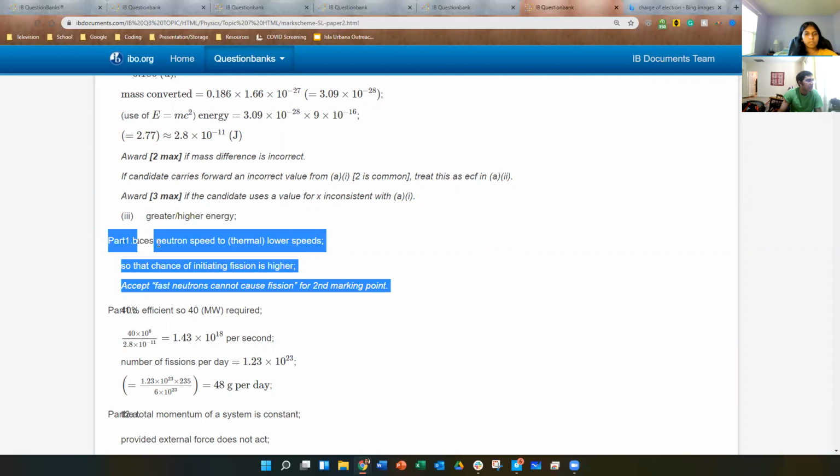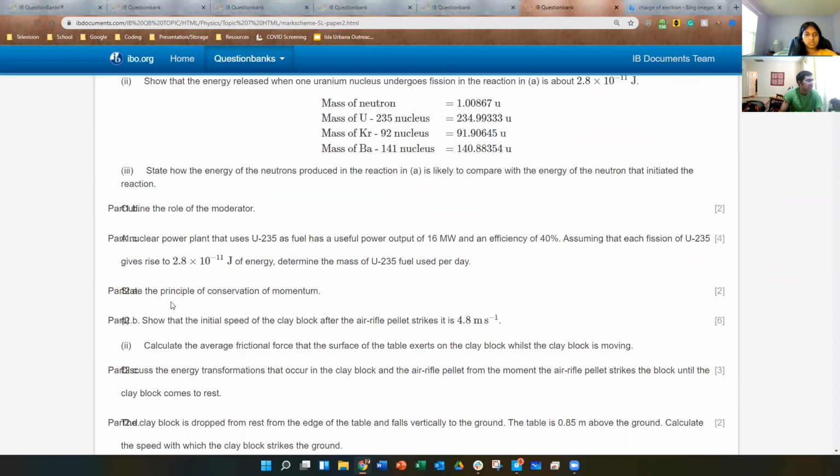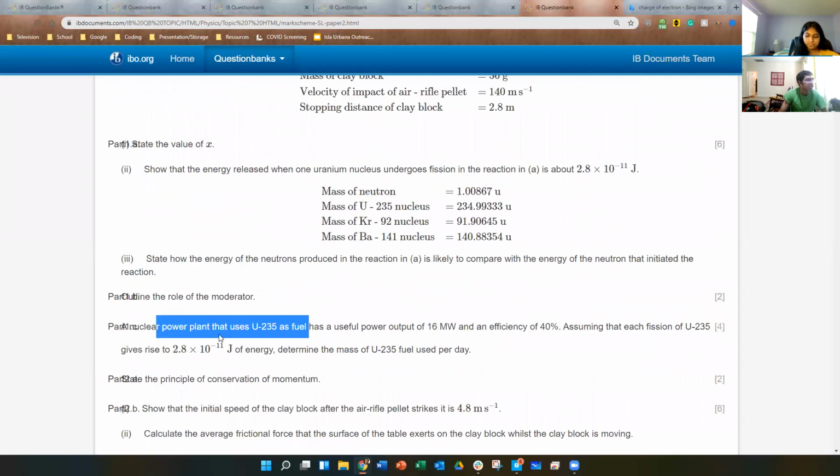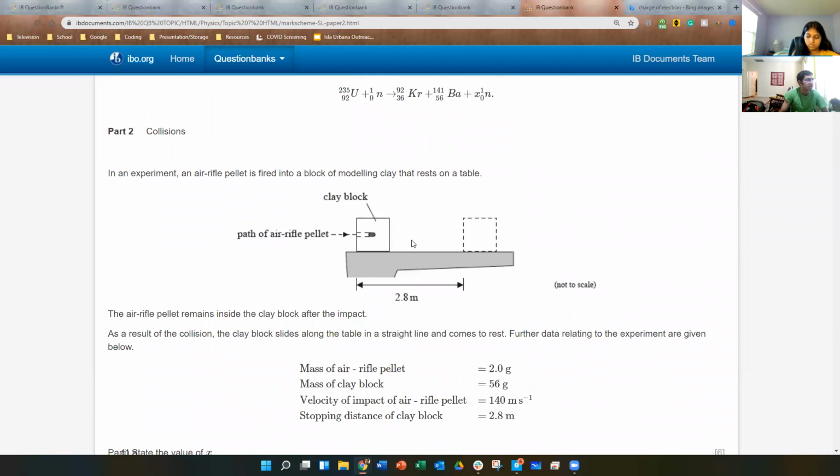What is this? Part 1 uses neutrons. I don't know what that is. Oh, I think that's for the next part. Oh wait, this one. The nuclear power plant. Okay, we haven't done energy stuff yet, so I don't think we can do that. Outline the role of the moderator. That's for this thing here, right?